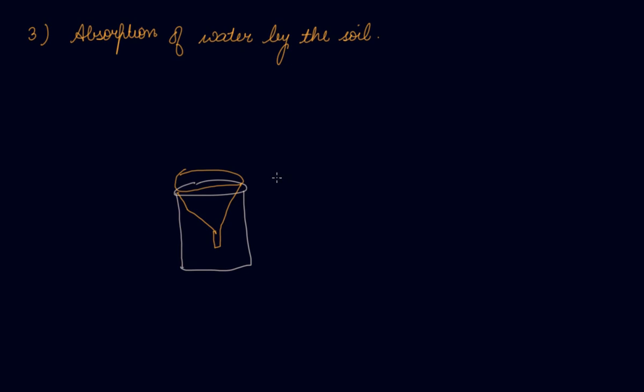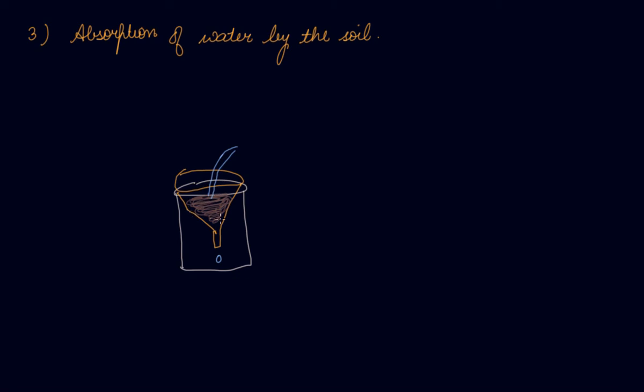Now what you do, you keep on pouring the water onto the soil. Now you will see that some water droplets go through. Now you have taken the soil in this filter paper and funnel. Now you pour some water into the soil.